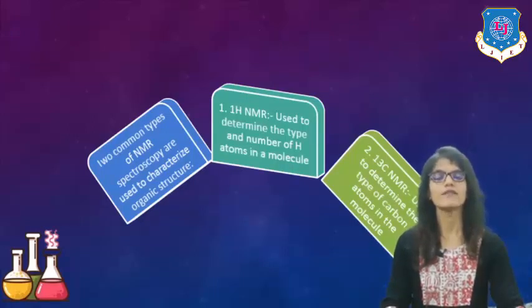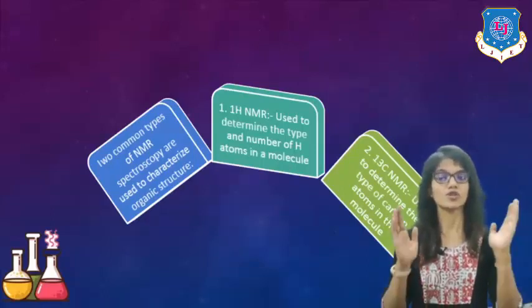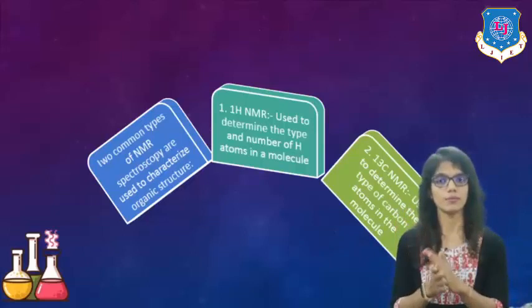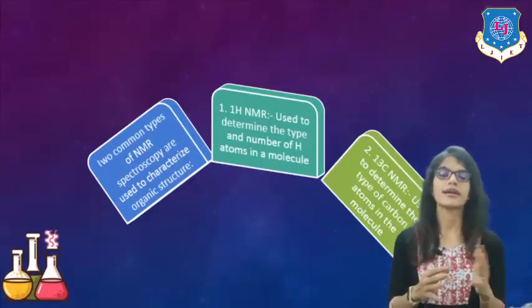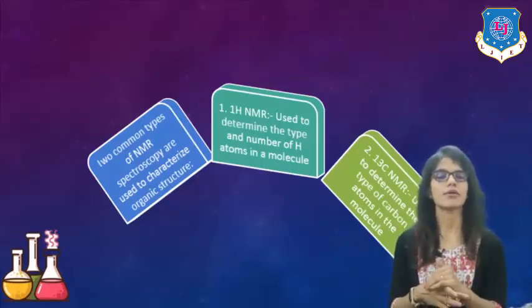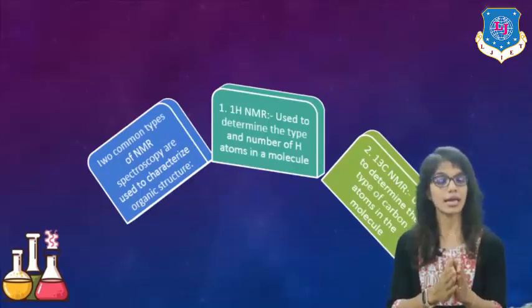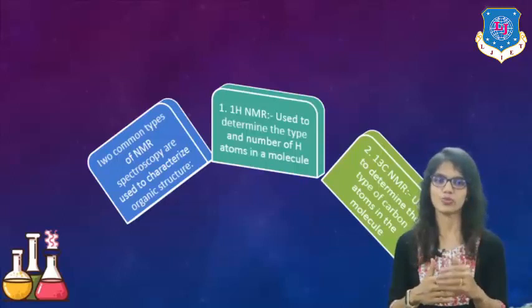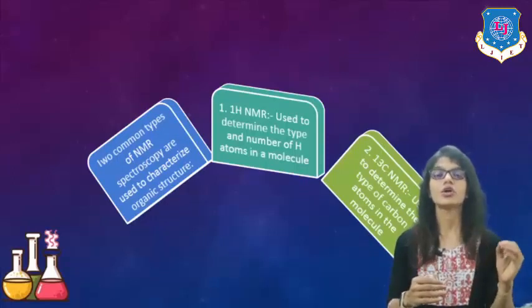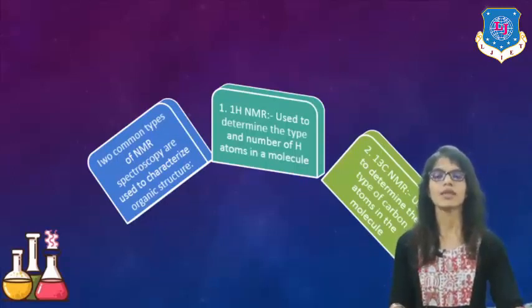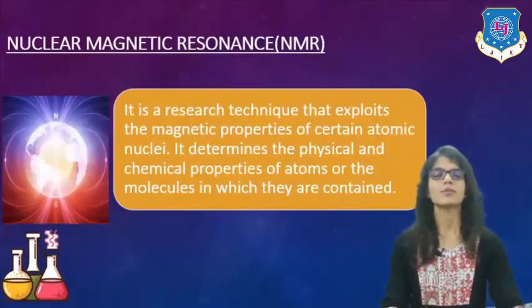Number one involves hydrogen, so it determines the type of hydrogen present in the particular compound. The second one is carbon-13 NMR, right? So here we will identify the number or the type of carbon isotope present in a particular compound. Okay? So let's understand its principle, how and why it is used.